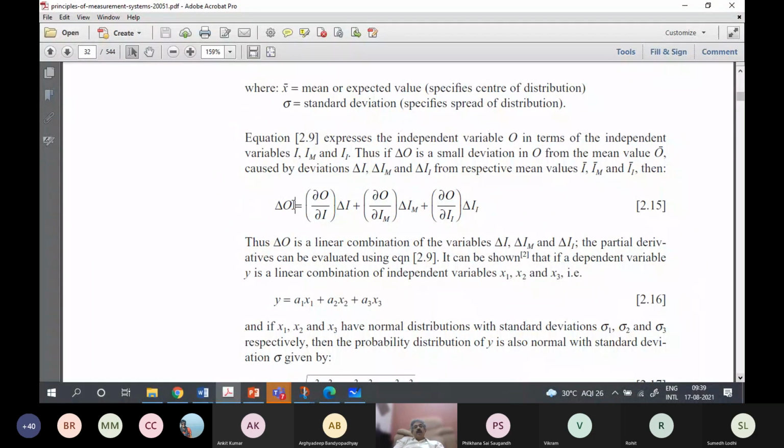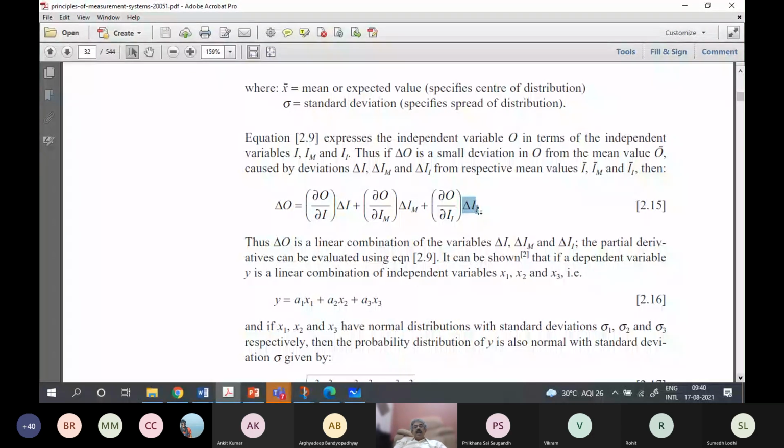So you can find the deviation in output due to the measured input, due to the interfering input, due to the modifying input.